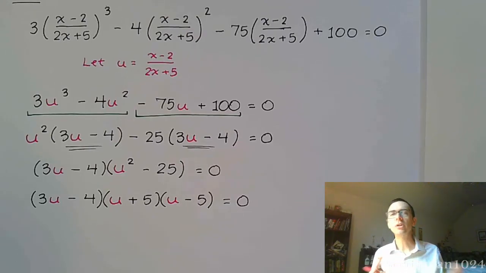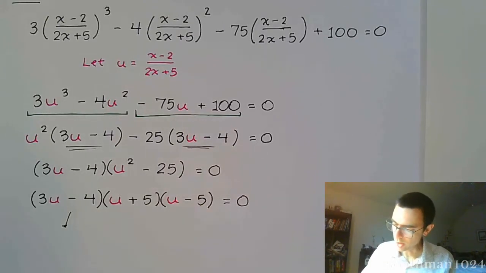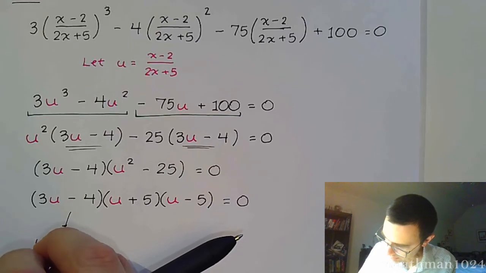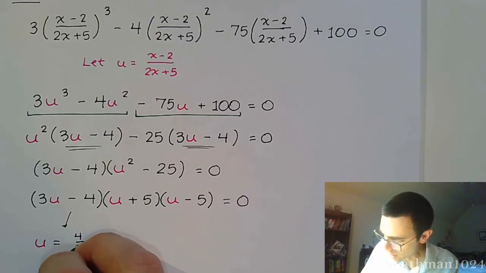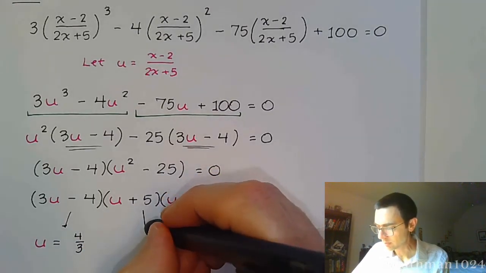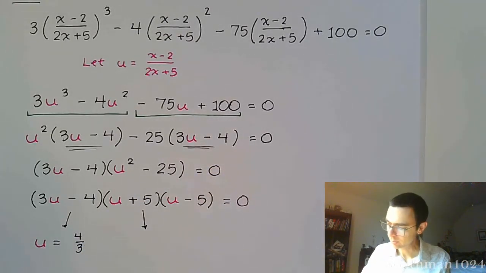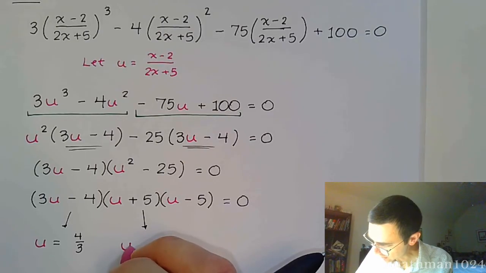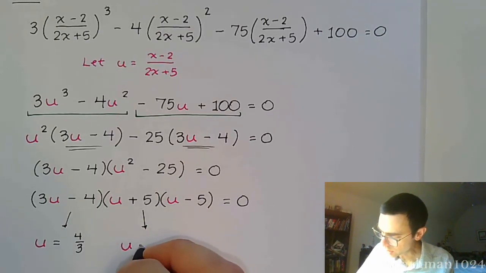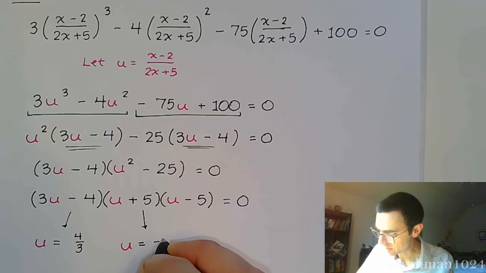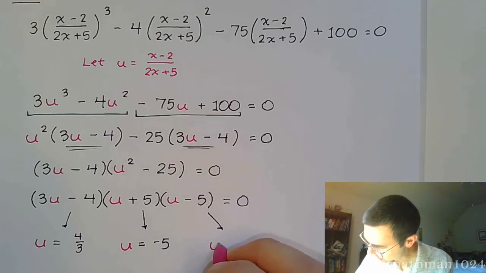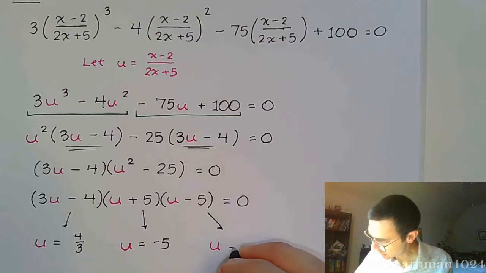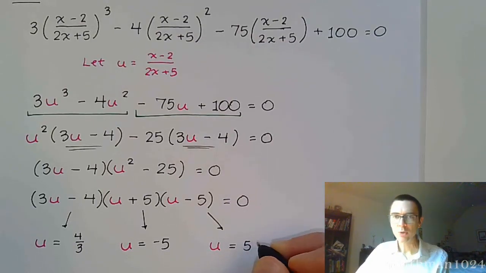And we still haven't even solved for x. We're still dealing in terms of u. So here, solve this guy, and u is equal to positive 4/3. In the middle, you get u by itself, so u is equal to negative 5, and the last factor, u equals positive 5.